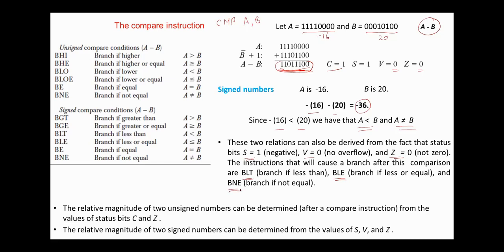The relative magnitude of two unsigned numbers can be determined after a compare instruction from the values of the status bits C and Z. The relative magnitude of two signed numbers can be determined from the values of S, V, and Z. So for unsigned numbers, we have to use this group of instructions, and for signed numbers, this group of instructions.